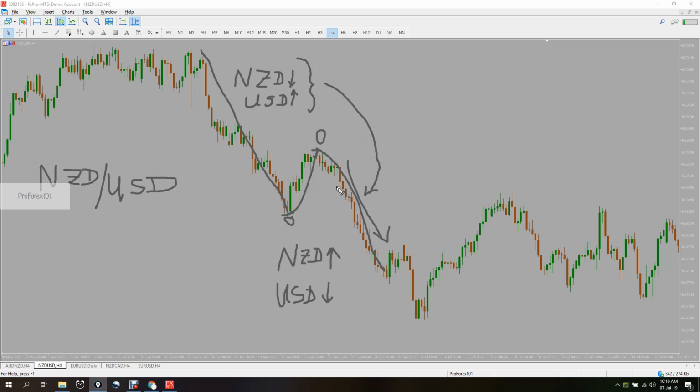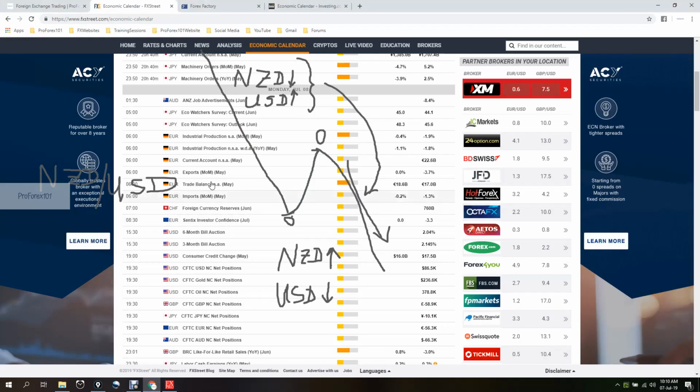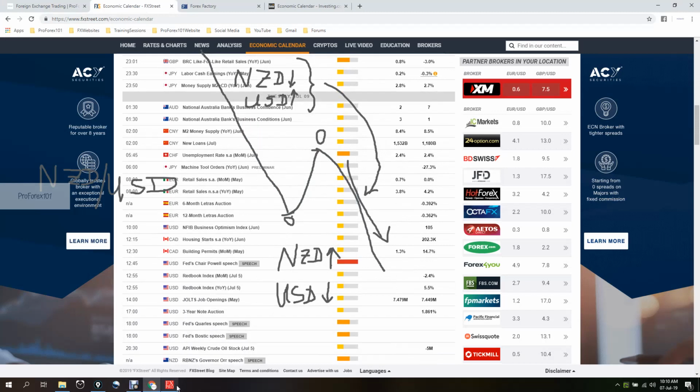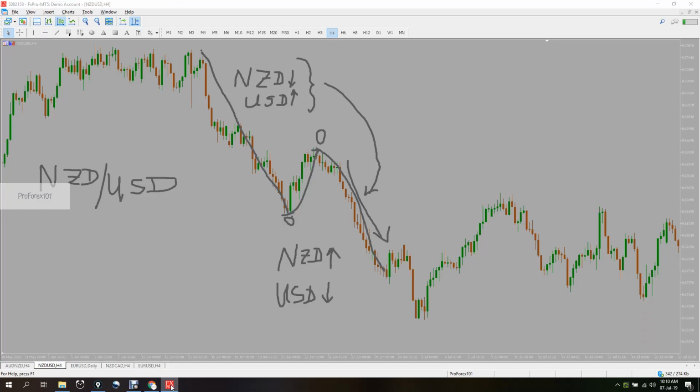We need the New Zealand dollar to weaken and the US dollar to strengthen again. So when you're following the trade through and you match that trade with your fundamentals, the economic indicators coming out through the week, it will help you in your trade.